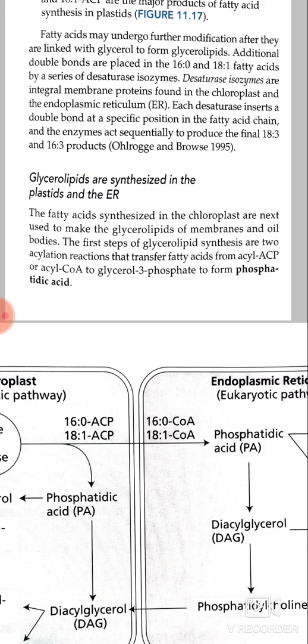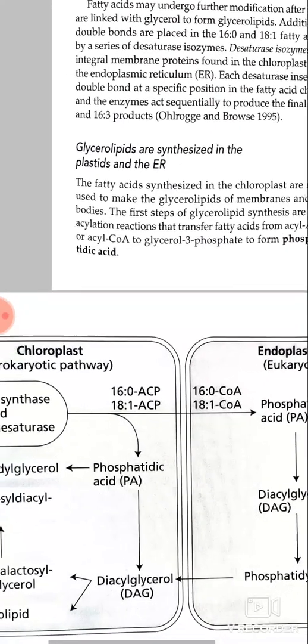The first steps of glycerolipid synthesis are two acylation reactions that transfer fatty acids from acyl ACP or acyl coenzyme A to glycerol 3 phosphate to form phosphatidic acid.